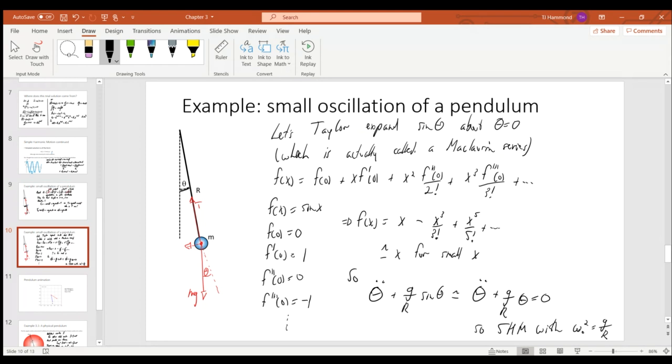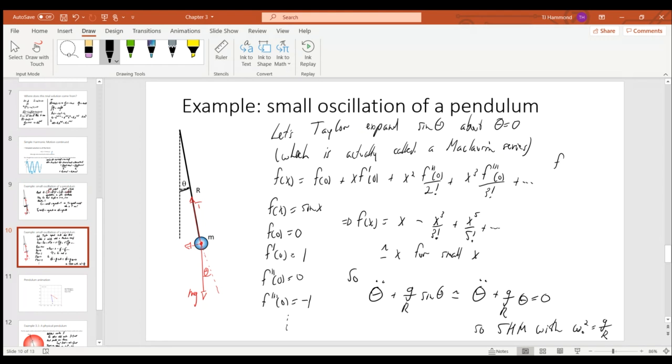So let's Taylor expand sine theta about theta equal to 0. We can call this a Taylor expansion, but it's actually a Maclaurin series. If you remember, a Maclaurin series is a Taylor series about the variable being near 0. So as I showed before for a Taylor series, now for a Maclaurin series, it's just at x equal to 0, that our f of x is going to be f evaluated at 0 plus x times the first derivative of f.